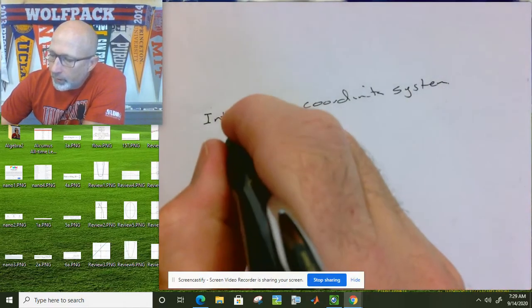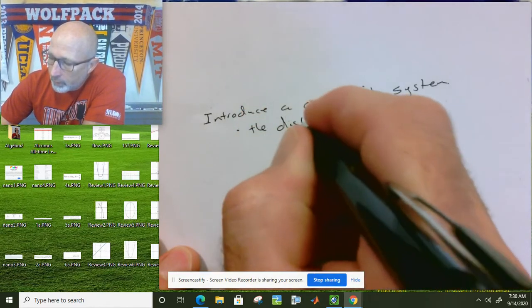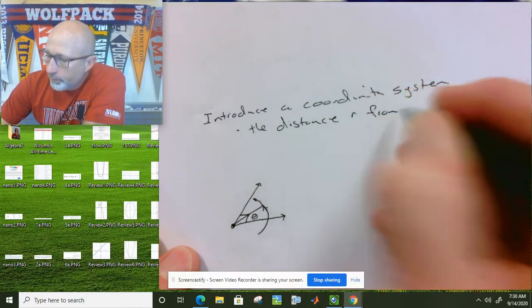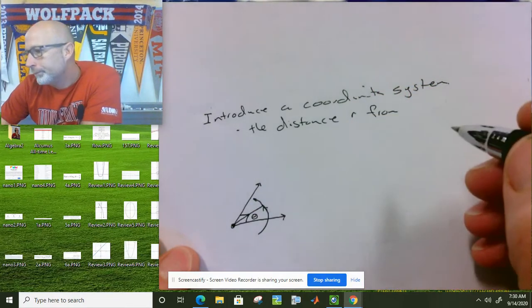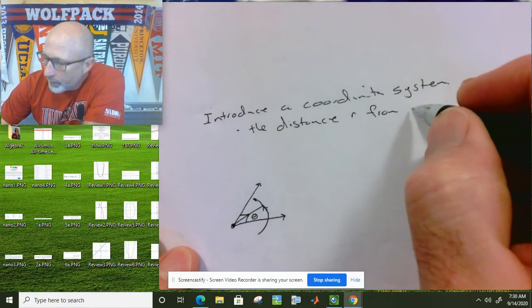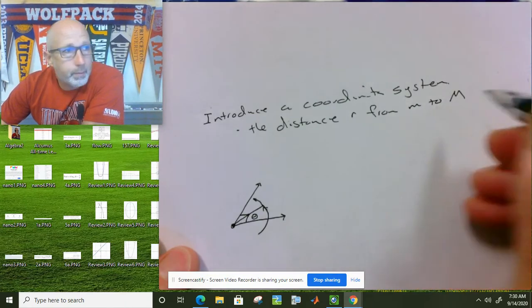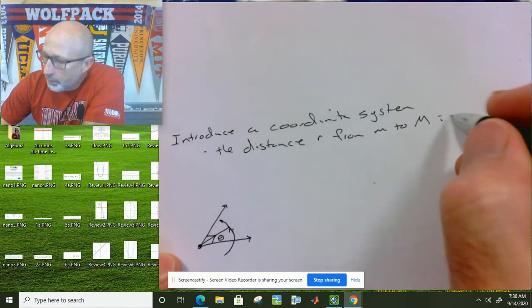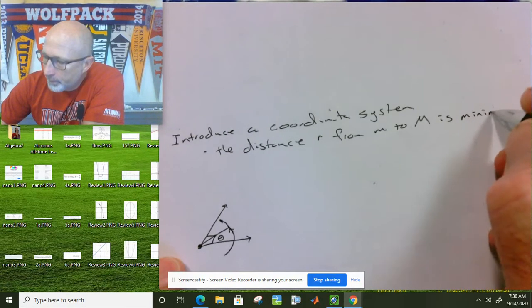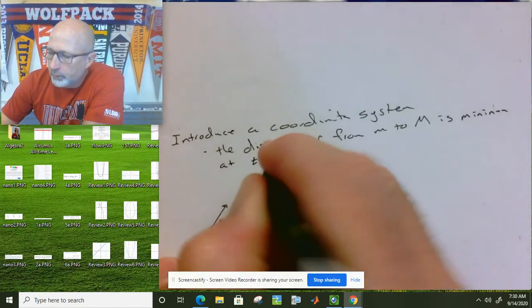Okay, so the first thing is the distance r from, well, let me write this down and then we're going to have to switch directions here. From m to M is minimum at t is equal to 0.